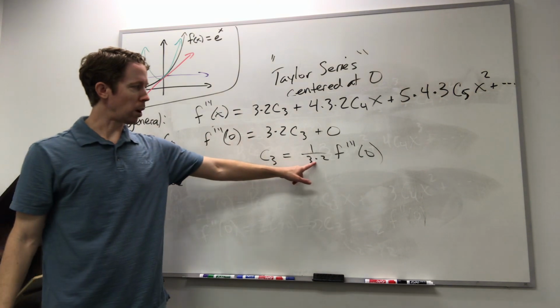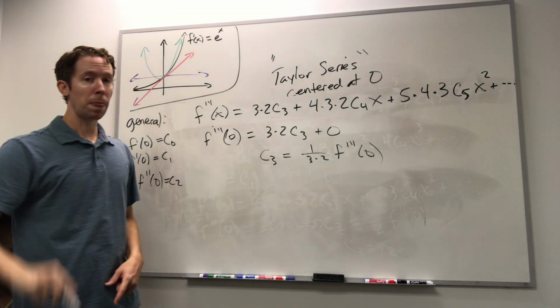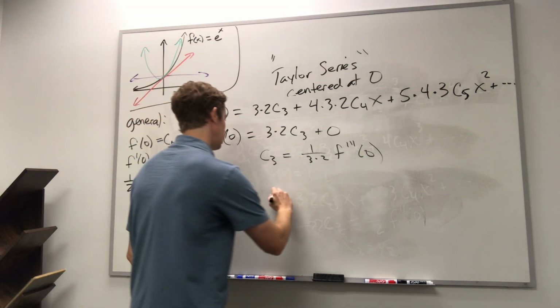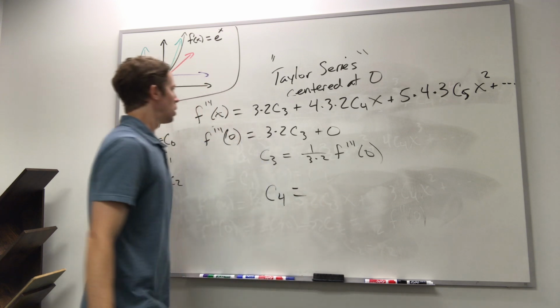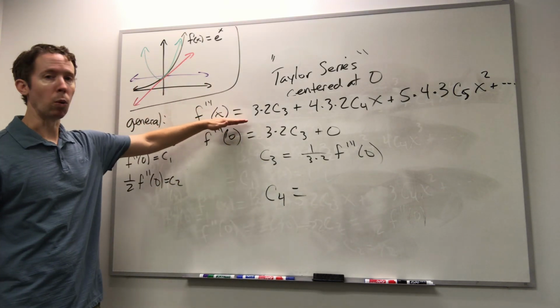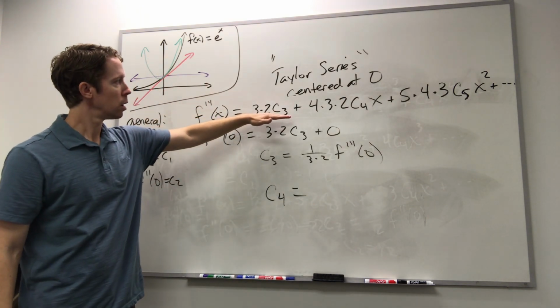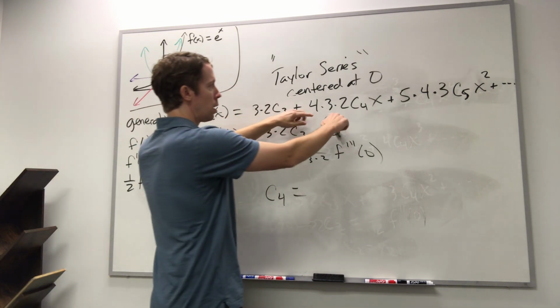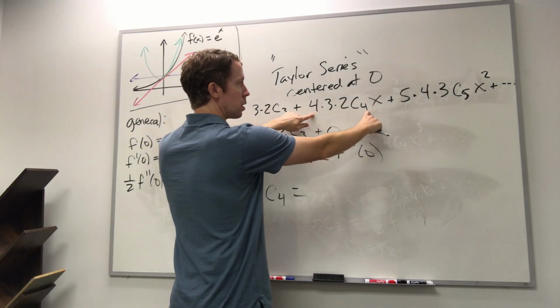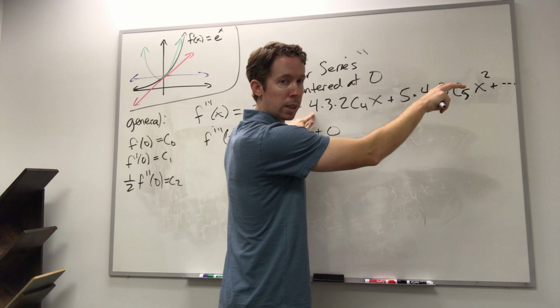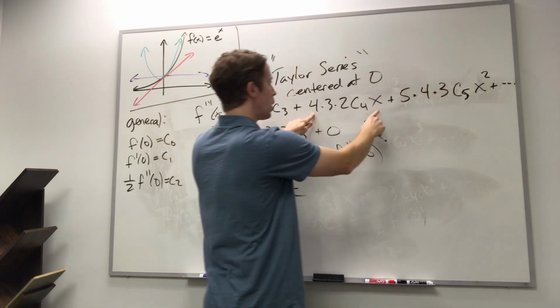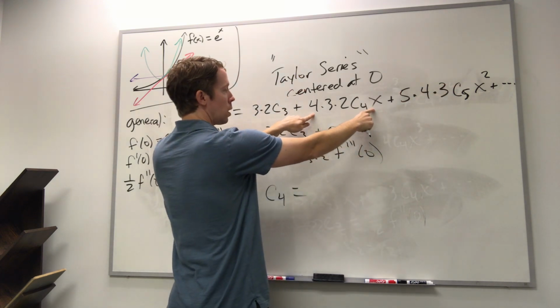There's a reason why I'm writing it this weird way. Now I want to guess at what C4 is. To get C4, I would take one more derivative here. So this first term would go away, then I would have just this, and then every other term has an x in it. I plug in x equals 0, I'm left with just this.